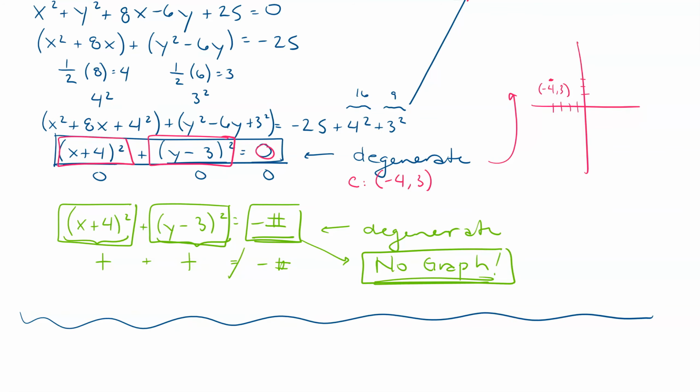Now finally, what would we do for an equation like this? I know it's not a circle because while I have x squared plus y squared, my coefficients don't match. And while I may not have told you what it is quite yet, we're going to go ahead and do the exact same process on this equation.